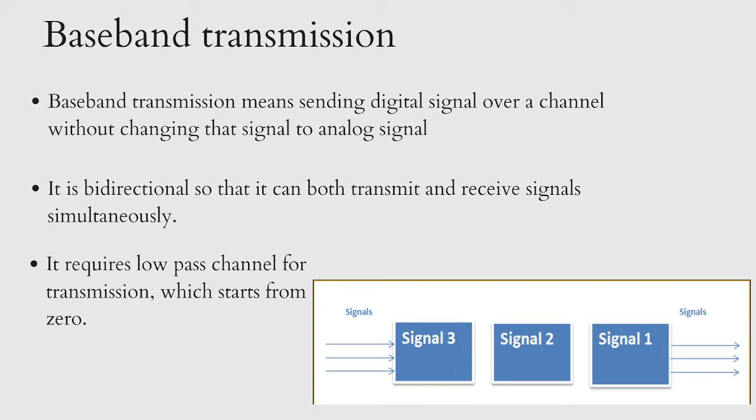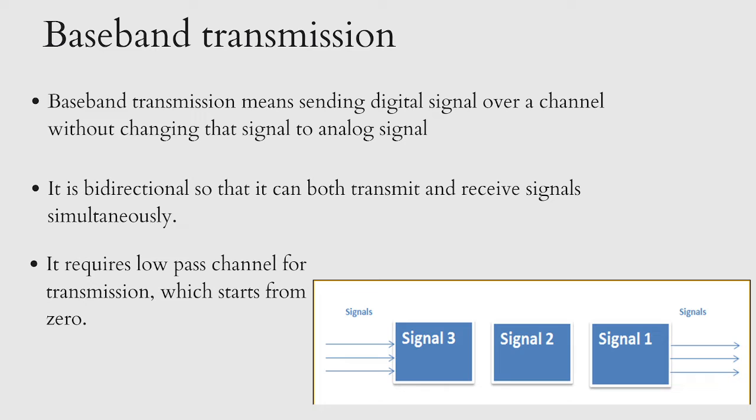In the word baseband, base means original signal, and the original signal is what? Digital signal. So baseband transmission carries a digital signal over a medium, over a channel, because for transmission of any signal, we require a medium or a channel.